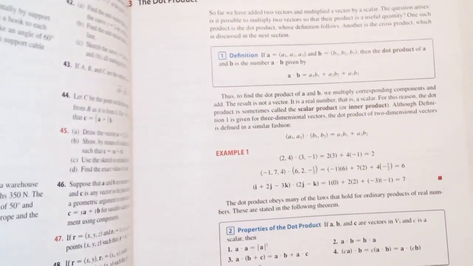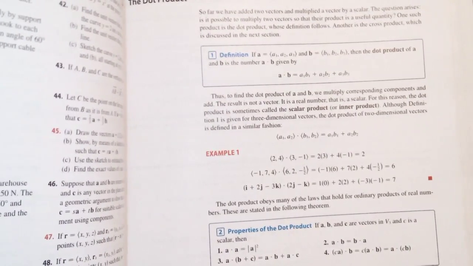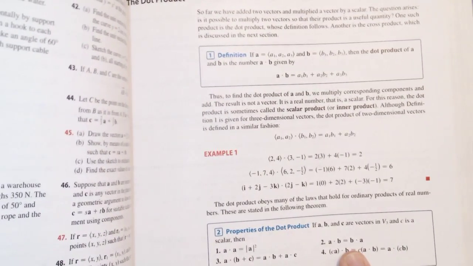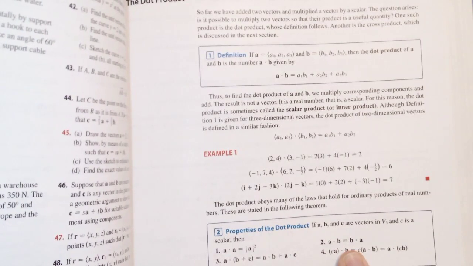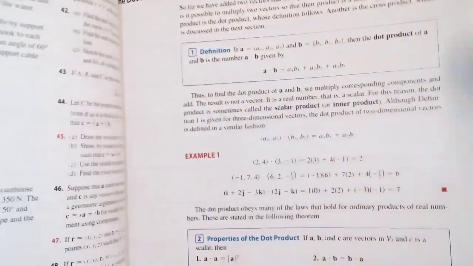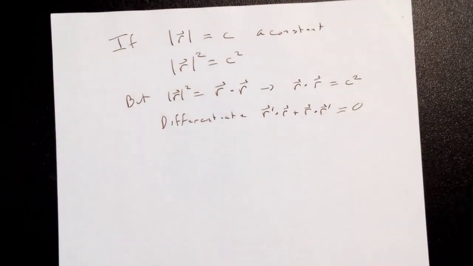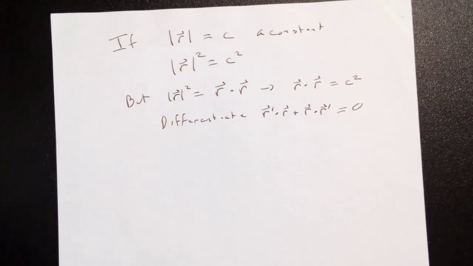In the cross product, we got a vector, so the order changed which direction we were going. In the dot product, we get a number, and it turns out not to matter. Page 807. So that means that R dot R prime and R prime dot R are the same thing.